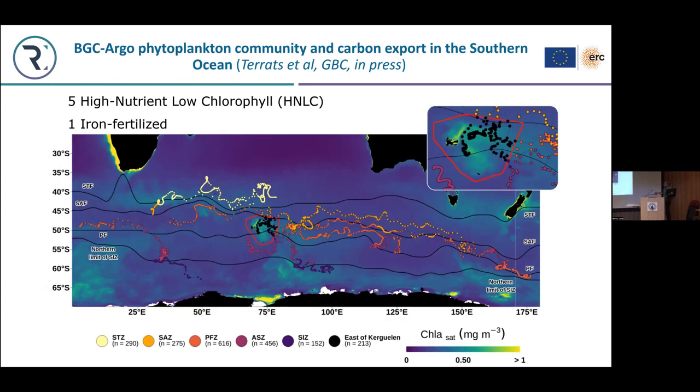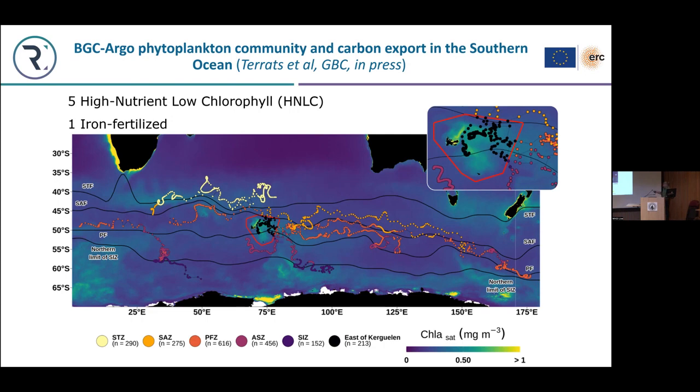Now, Louis Terrat, this is a paper in press in GBC. He was using all the data that we get in the Southern Ocean, Indian sector, with the transmissiometer. We try to categorize from the subtropics to the seasonal ice zone, on each side of the polar front, using hydrological criteria to assign the various water masses.